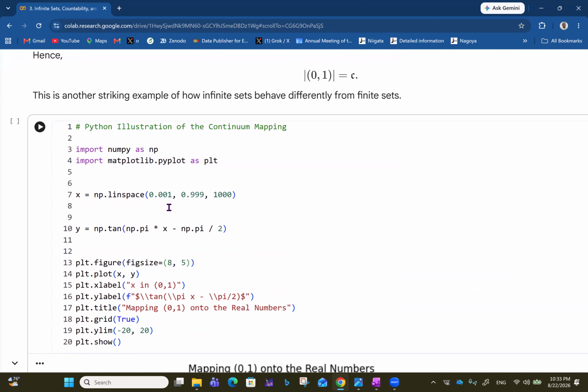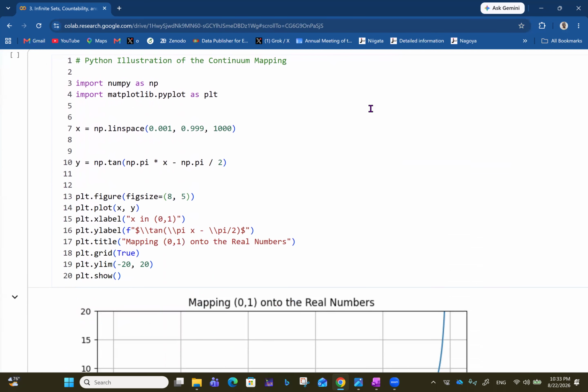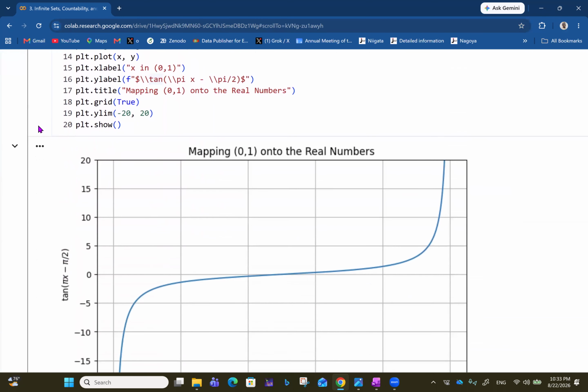To demonstrate the continuous mapping, we take x from 0.001 to 0.999, and then we define y, which is tan of (pi x minus pi over 2). Then we put all of that together, and we see this.